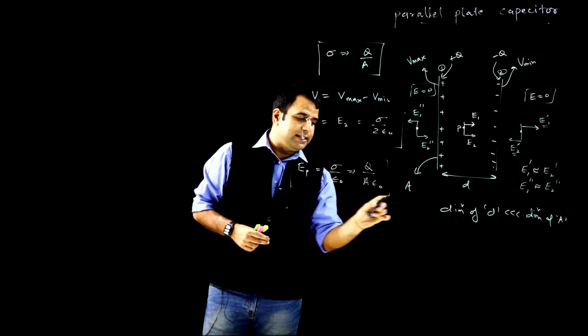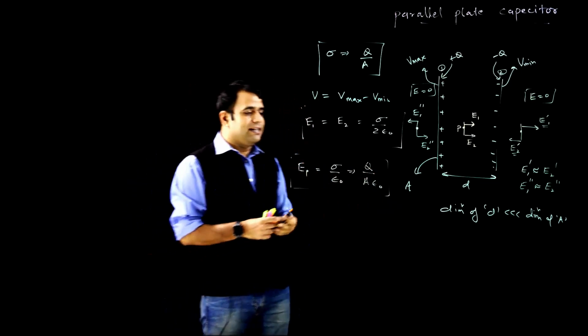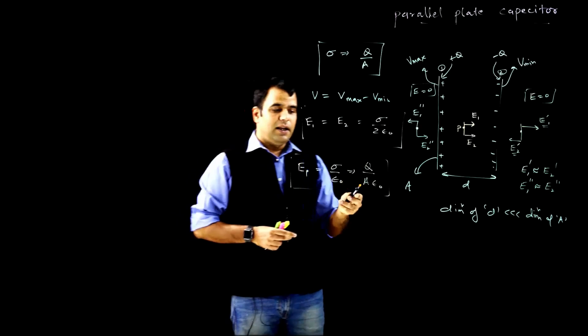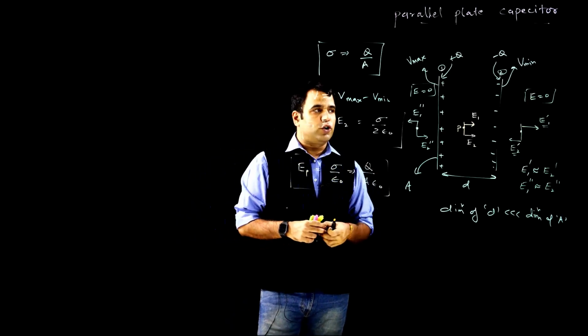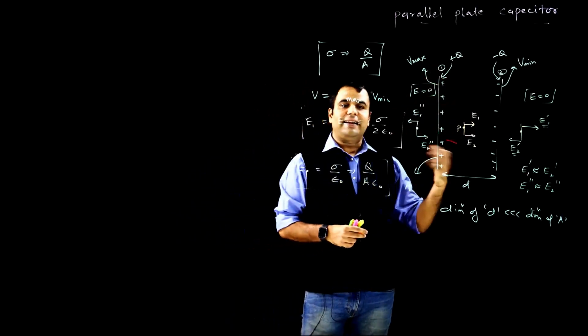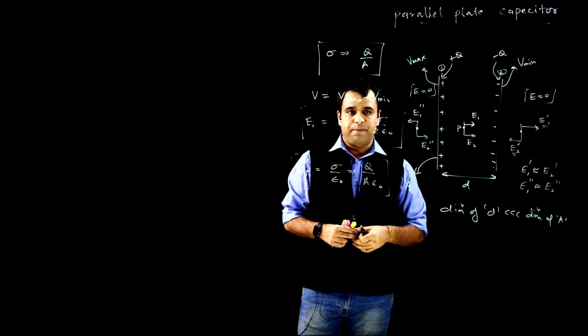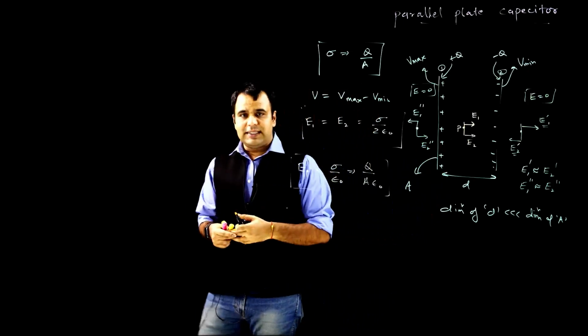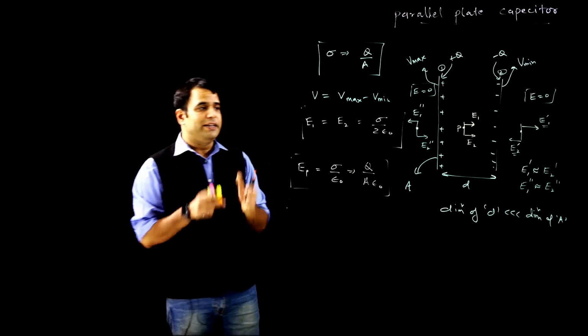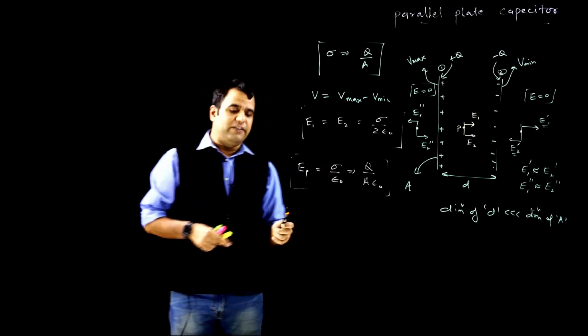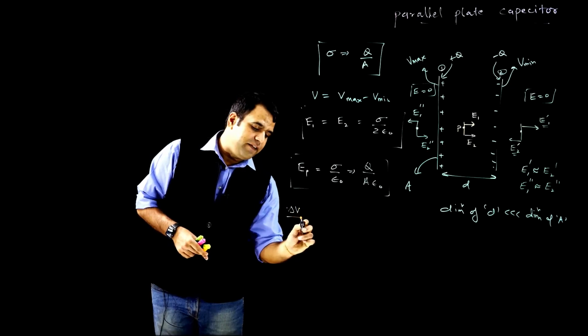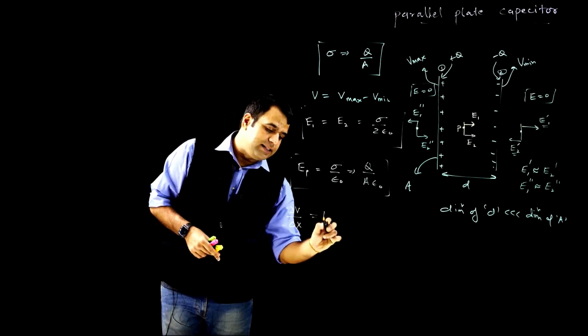You can see this electric field inside this region is constant, because Q is constant, A is constant, and epsilon naught is also constant. So between these two plates, the electric field is a constant field. And when the electric field is constant, we have a relationship between the electric field and the potential difference: delta V upon delta X is defined as E.